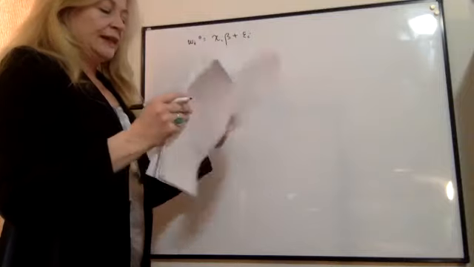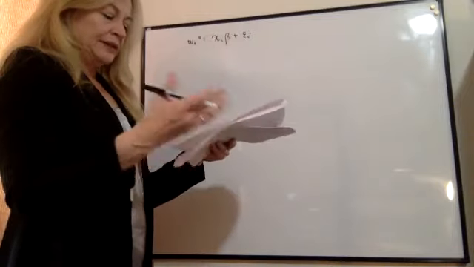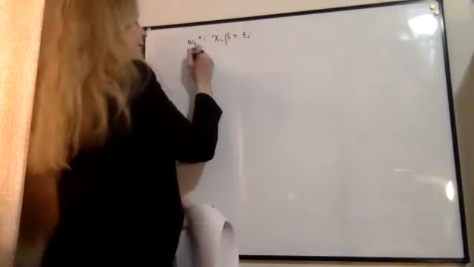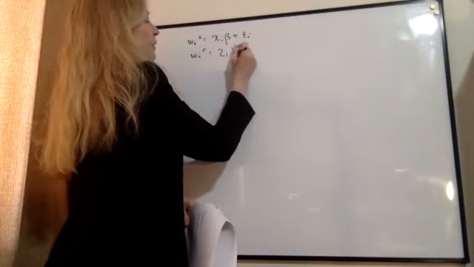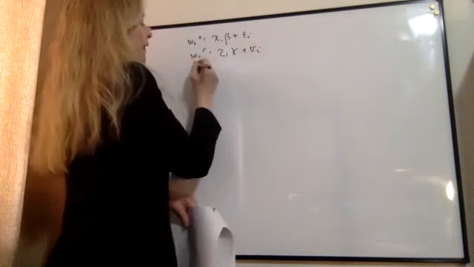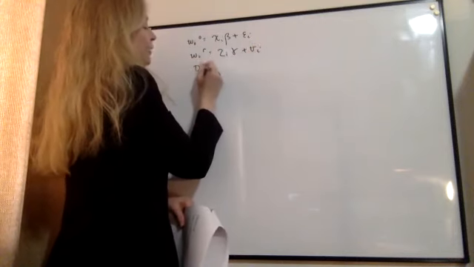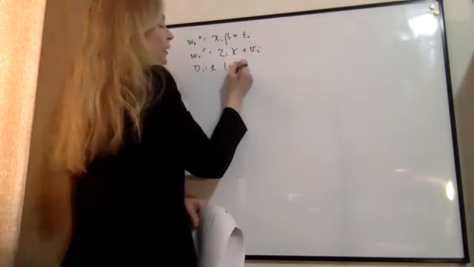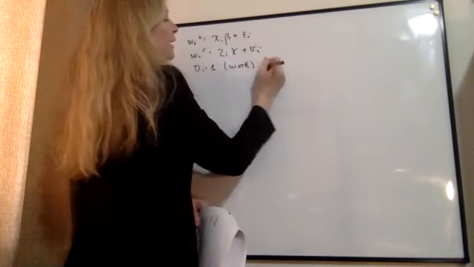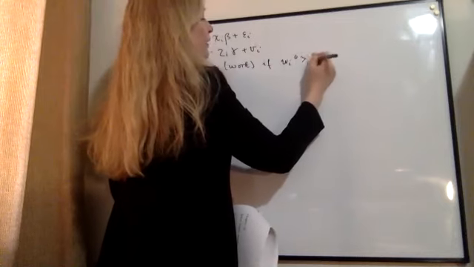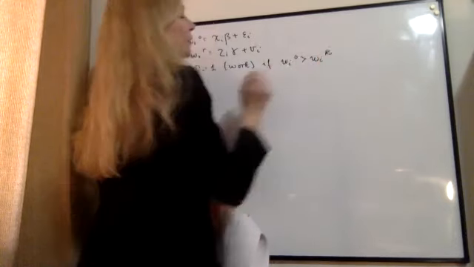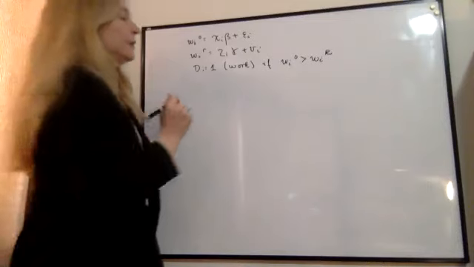Then we also have a model for what makes a person decide to work, and that's that there's a reservation wage. You work, so D_i equals 1, that means you work, if your wage offer is greater than your reservation wage. Okay, that's the labor supply model.